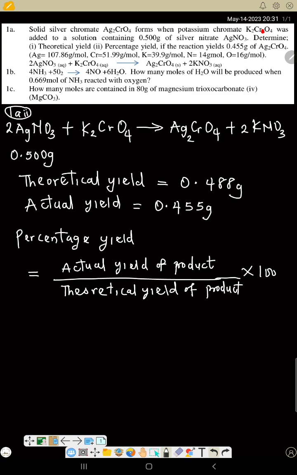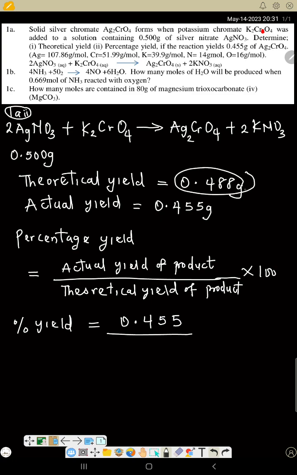This is the formula for percentage yield. I'll shorten the spelling of percent using the symbol. Percentage yield equals actual yield of products, which is given as 0.455, which is actually less than the theoretical yield.